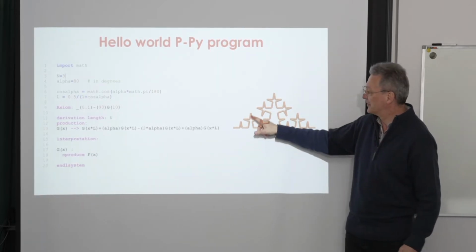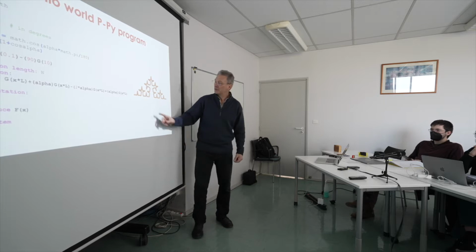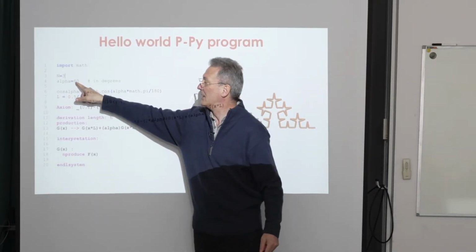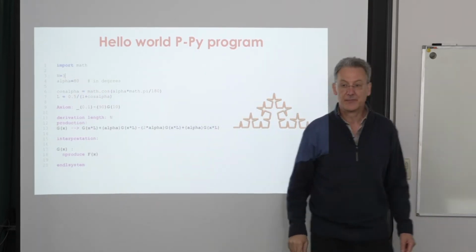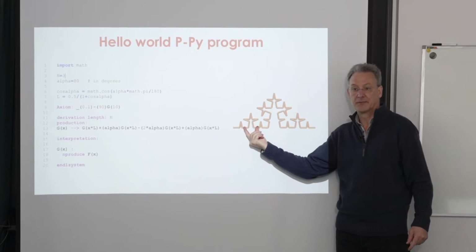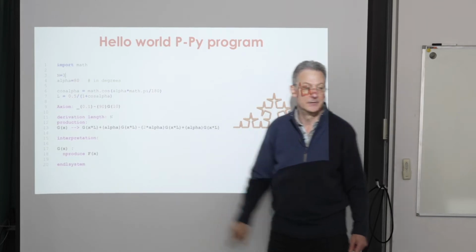That is a bit sharper than the one in the classical von Koch curve. Okay, so here I just introduce this alpha coefficient, or the angle, in order to control the opening of this. This is through this formula here.